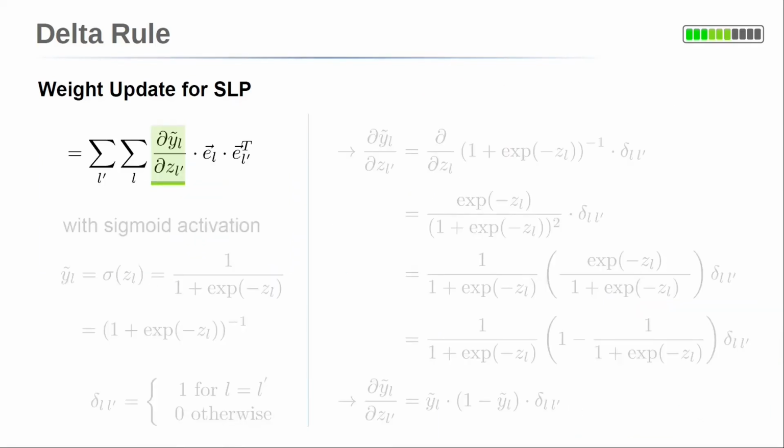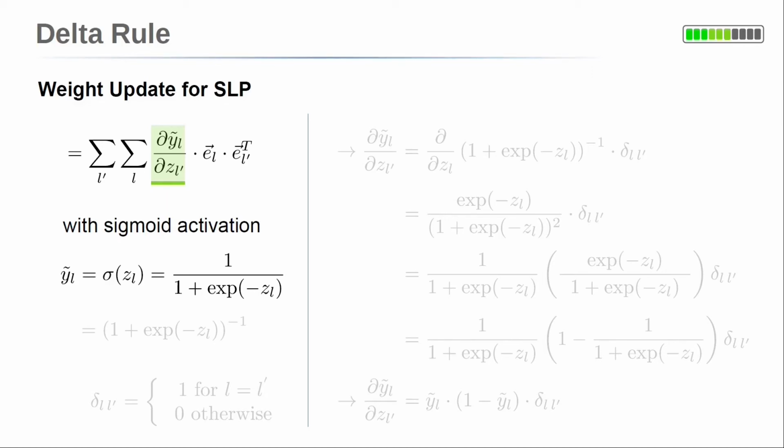Now we take a closer look at the matrix components. To calculate the corresponding derivative, we need to specify the activation function. Here we choose the sigmoid activation, but you can perform the following calculations with any other activation function as well.